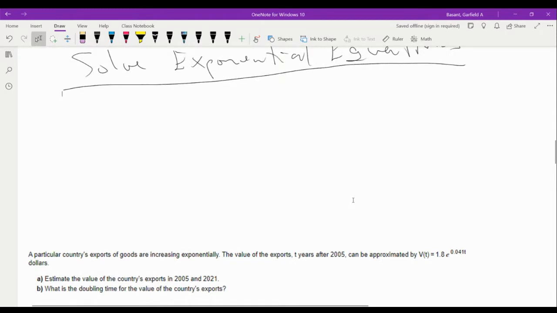For example, number 8 in MyMathLab says, solve e to the x, which is an exponential equation, is equal to 14. So we're trying to find x. So how do we do that?